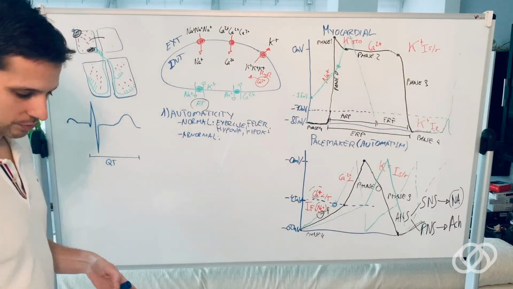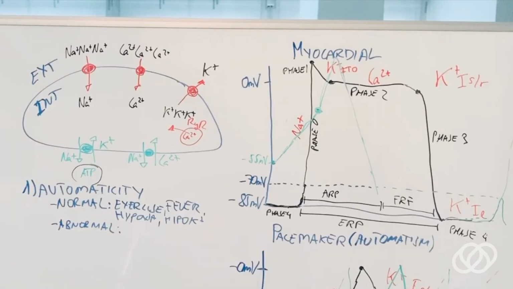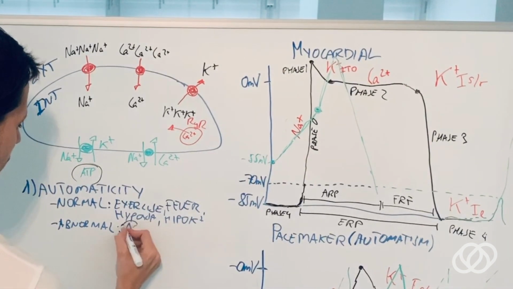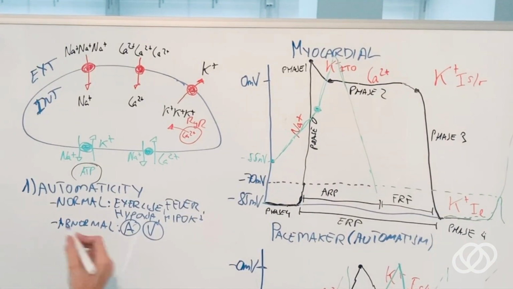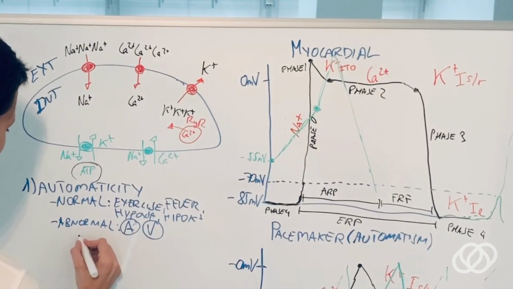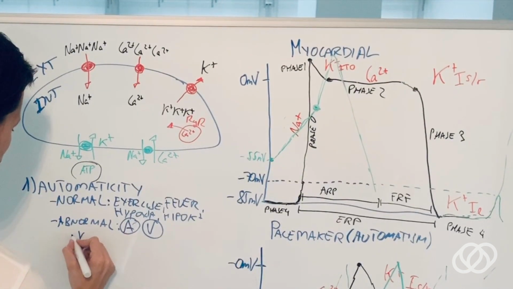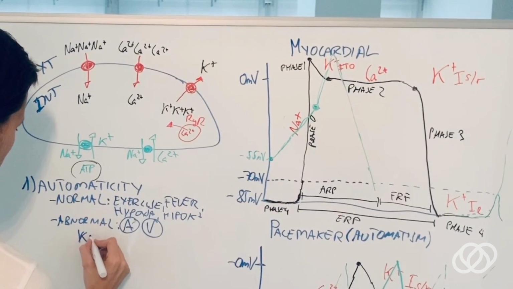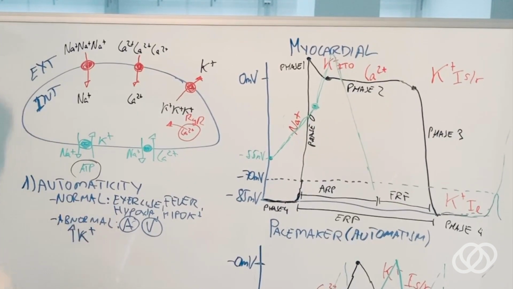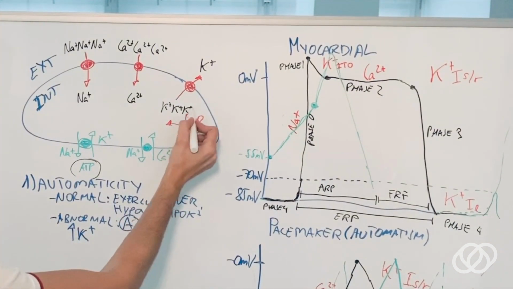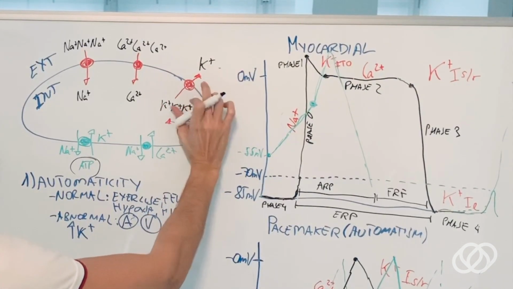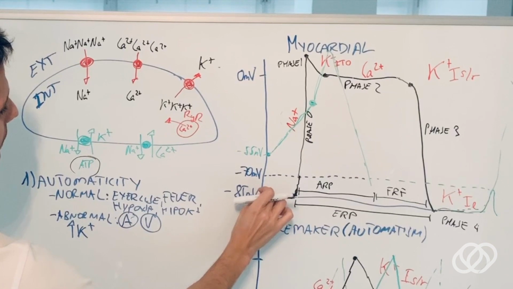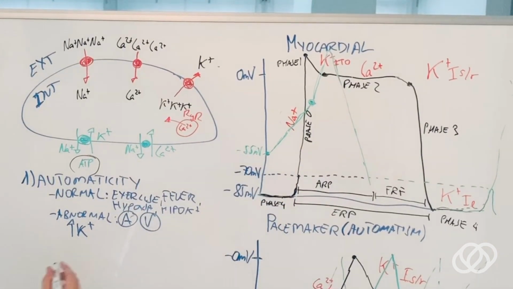In which situation does it happen? Well, like we said, it can happen both in the atrium and in the ventricles. But why? We can have a situation, for example, of hyperkalemia. In situations of hyperkalemia, there is a lot of potassium outside the cell, there is less of a gradient between them, and the cell is less negative.